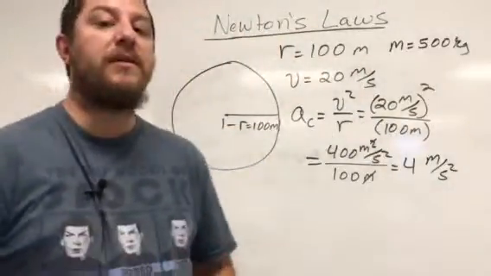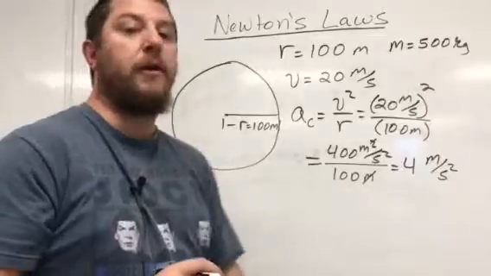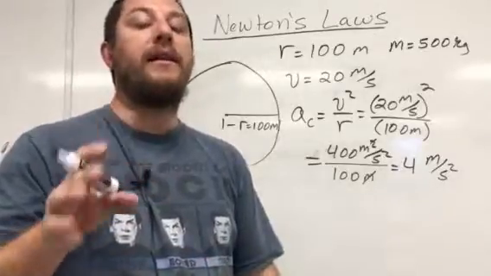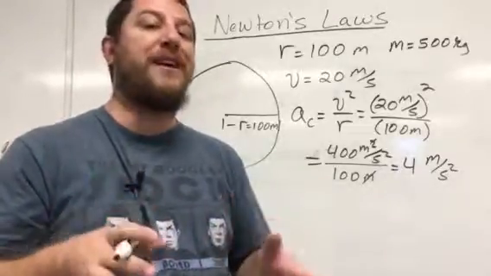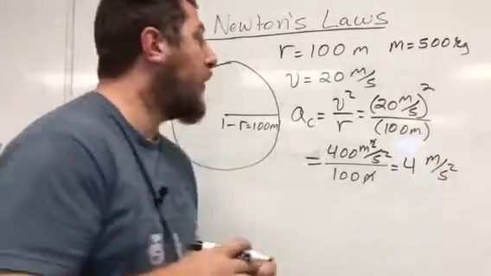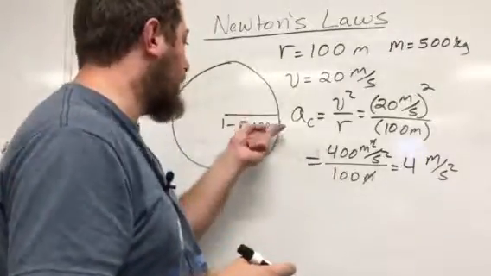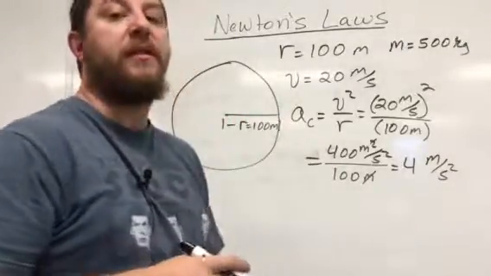And that's the centripetal acceleration pulling the car toward the center of curvature. All right. Now, in the next chapter, we will find what that force is. But for now, we will leave it that there is a force causing the car to accelerate toward the center of the circle.